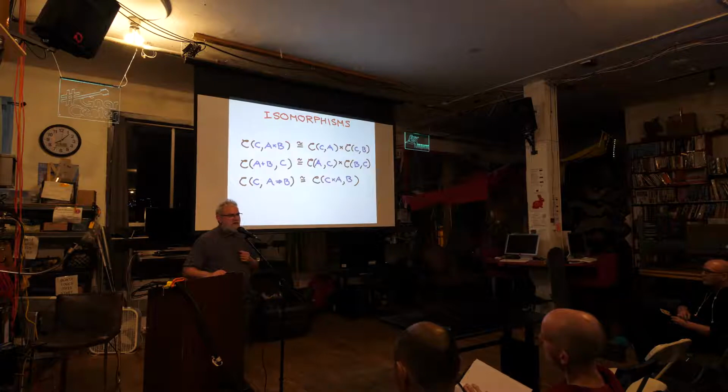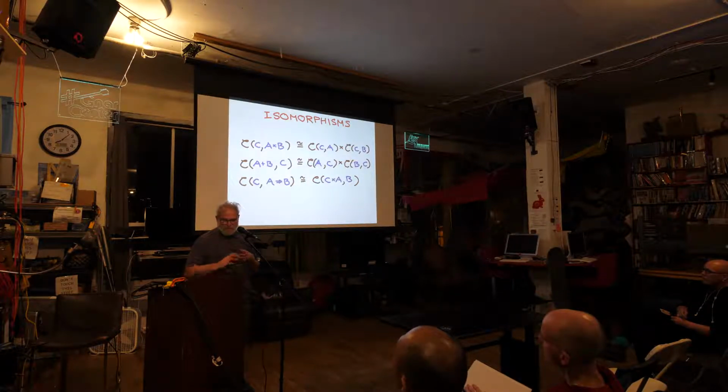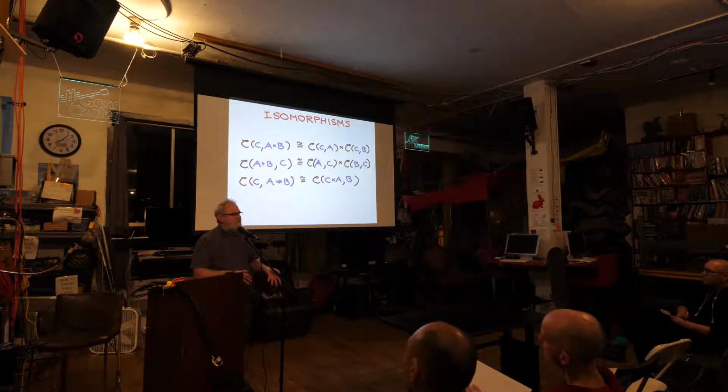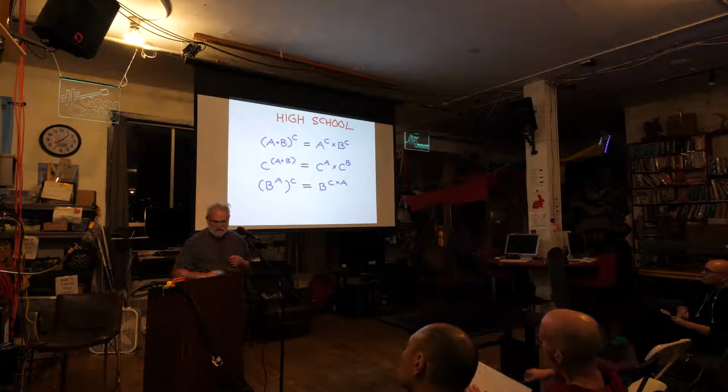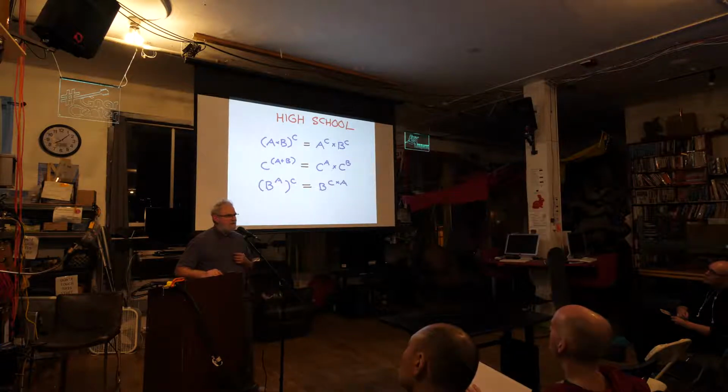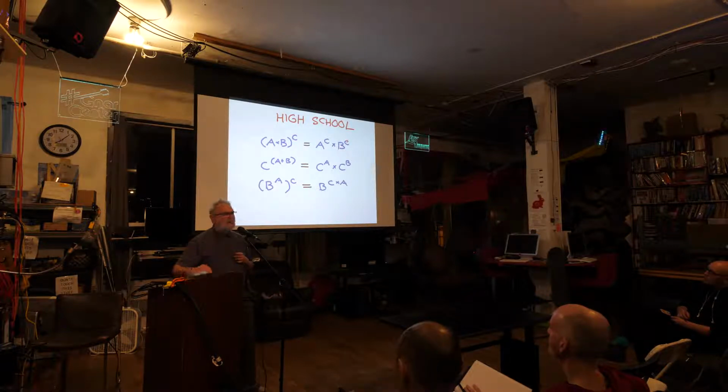And actually, you knew this already. We've already seen that sets of arrows should be written as exponents. So instead of writing the set of all arrows from C to A times B, we should write A times B raised to the C power. So let's just take this and rewrite it in that notation. Then the first equation becomes A times B raised to the C power is A to the C power times B to the C power.